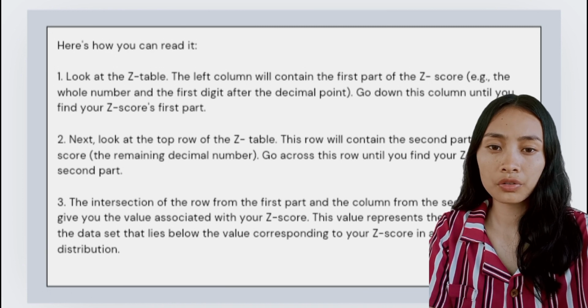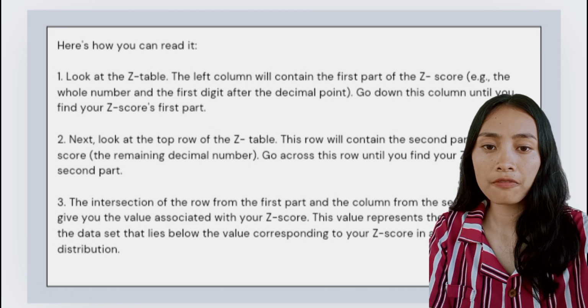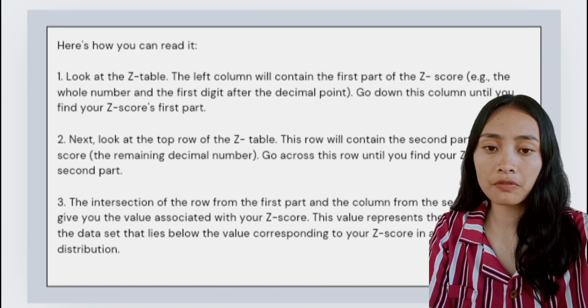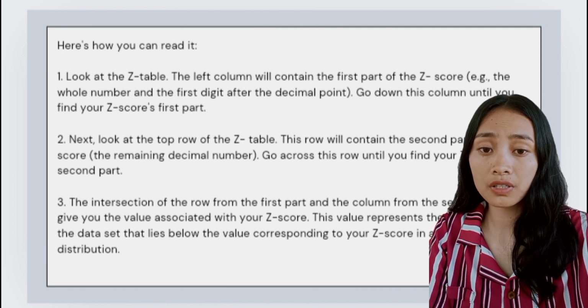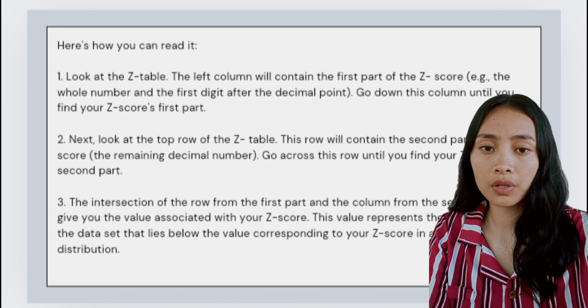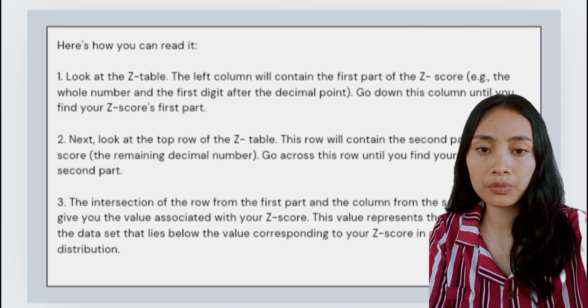So here's how we can read it. First, look at the z-table. The left column will contain the first part of the z-score, for example, the whole number and the first digit after the decimal point. Then go down this column until you find your z-score's first part. Next, look at the top row of the z-table. This row will contain the second part of the z-score, the remaining decimal number.